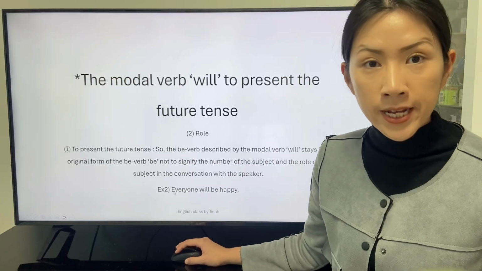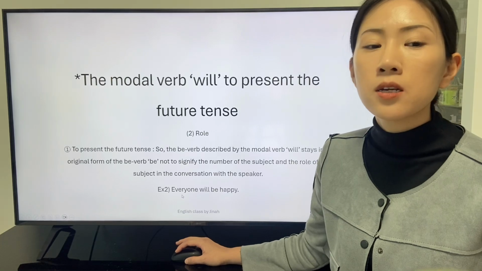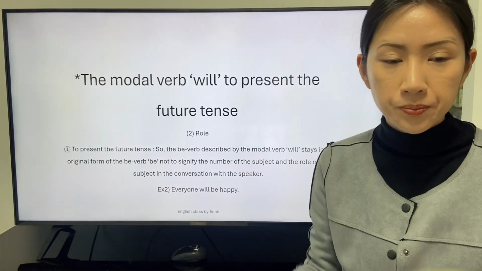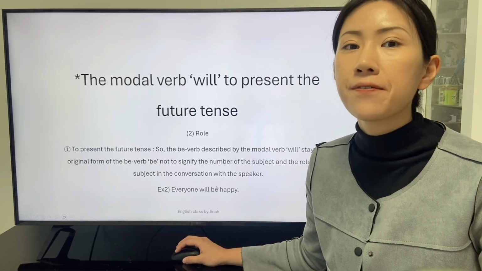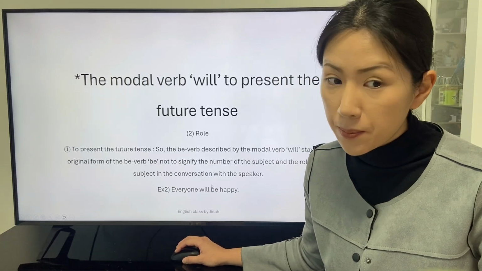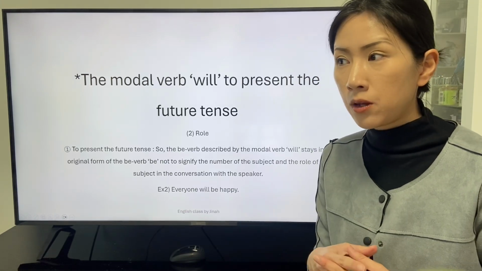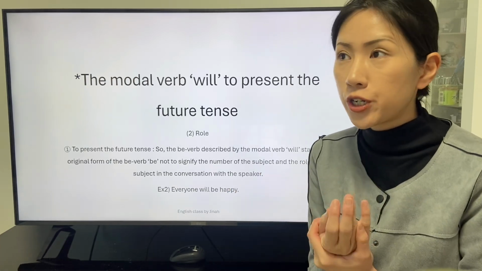There is an exemplary clause, everyone will be happy. The subject considered to be one is described with a be-verb described by the modal verb will. This clause is about the expected future condition.